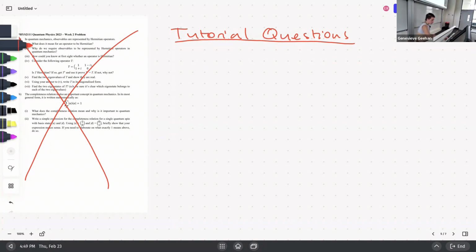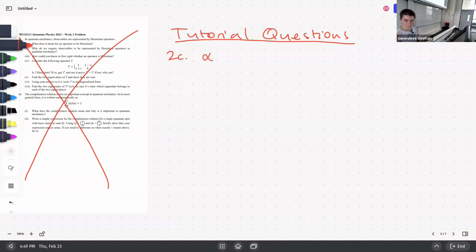So question 2C. We're showing that alpha star beta and gamma star delta must be purely imaginary. So from our equations in the previous question, oh, I should label this 2C.